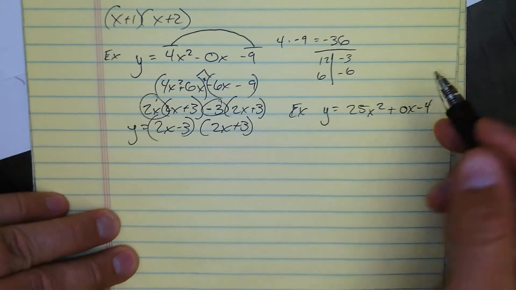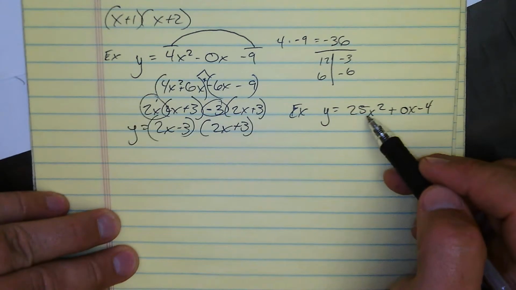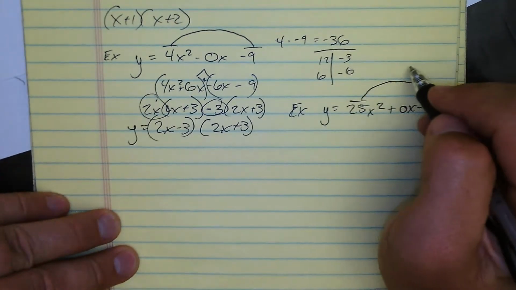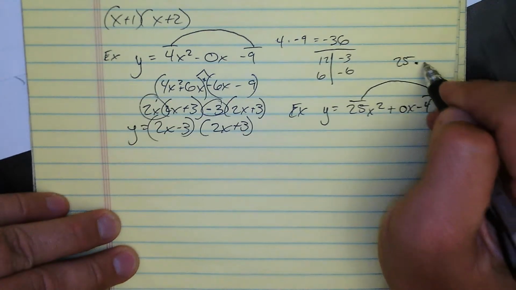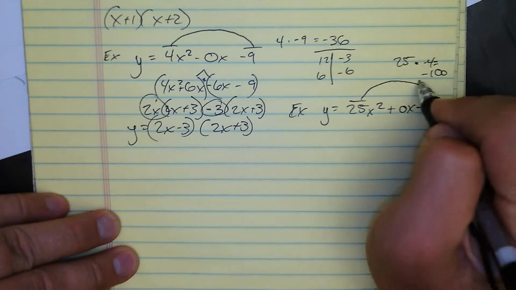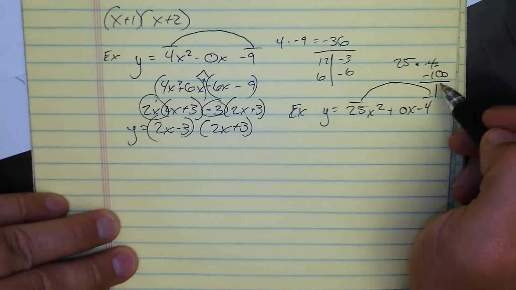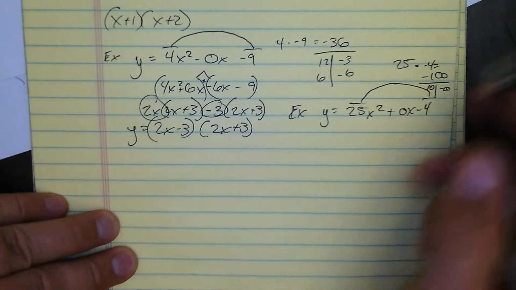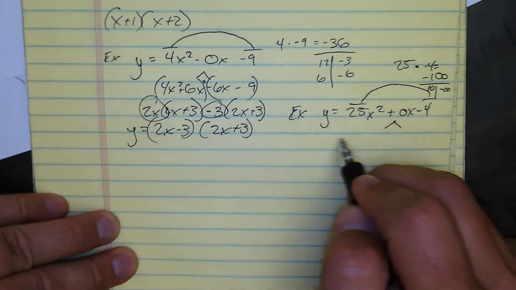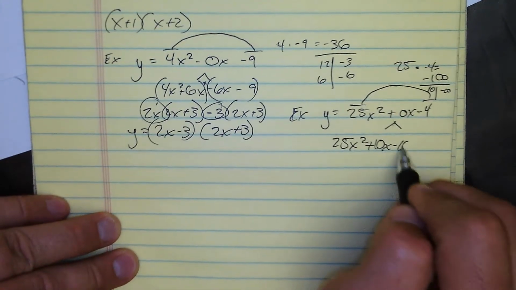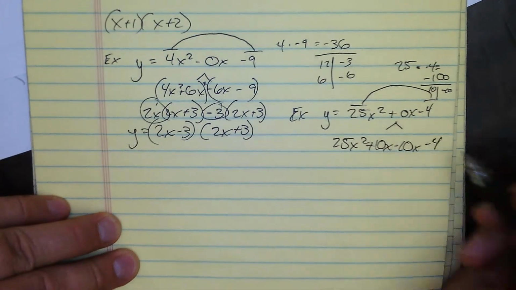Again, we're going to multiply the digit in front of the x squared, which is 25, times the last, which is negative 4, and we're going to get negative 100. Then factors of negative 100 that add up to 0 are going to be 10 and negative 10. So we're going to rewrite the middle term: 25x squared plus 10x minus 10x minus 4.